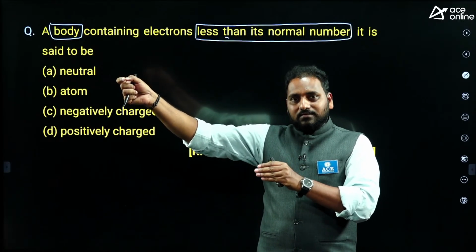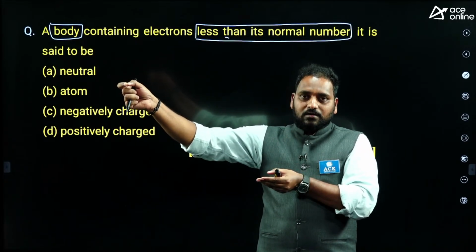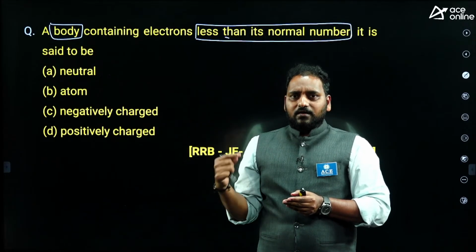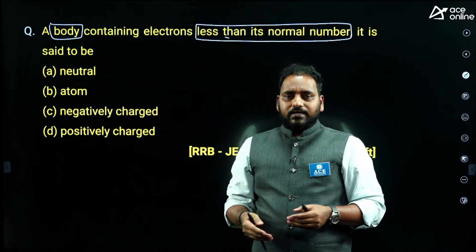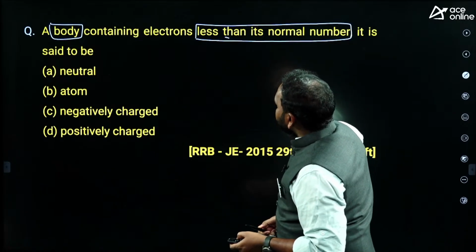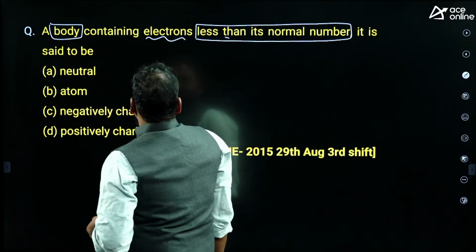It has to maintain 5 electrons in its outermost orbit, but there are 4 electrons, lack of 1 electron. Less number of electrons means automatically it will become a positive ion. That's why positively charged.